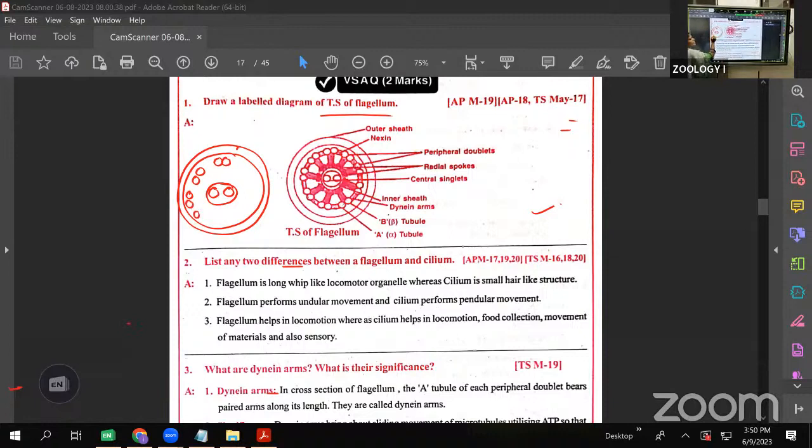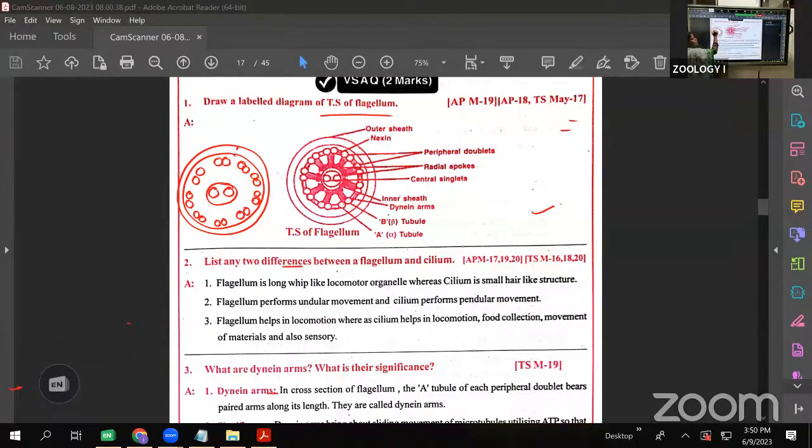Compulsorily you draw 9 doublets, combined, just like this. These are the doublets, and this one is a singlet.